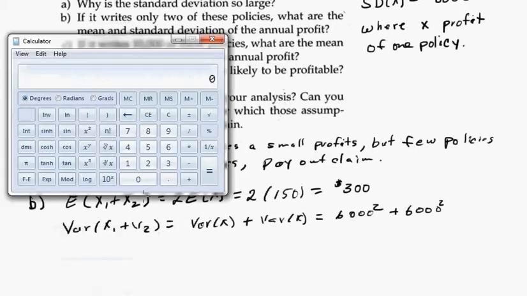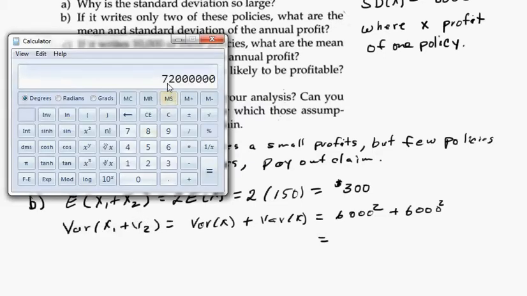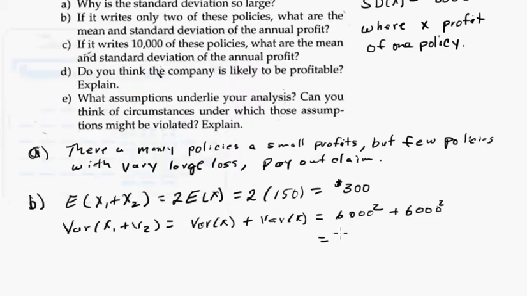So 6,000 squared times 2 equals, we're in insurance land, so big numbers, 72 with six zeros.